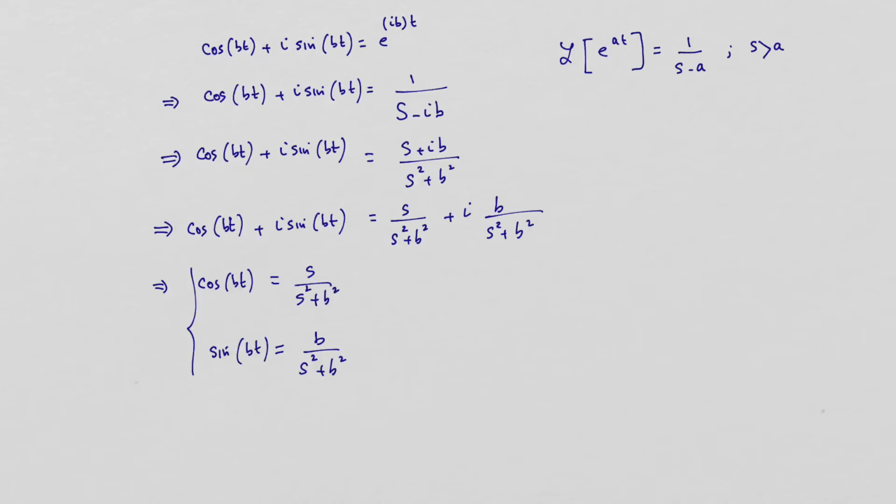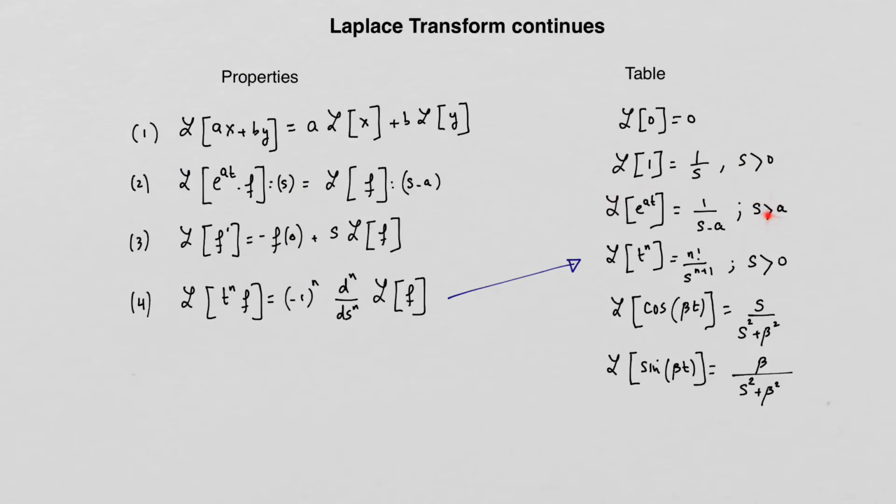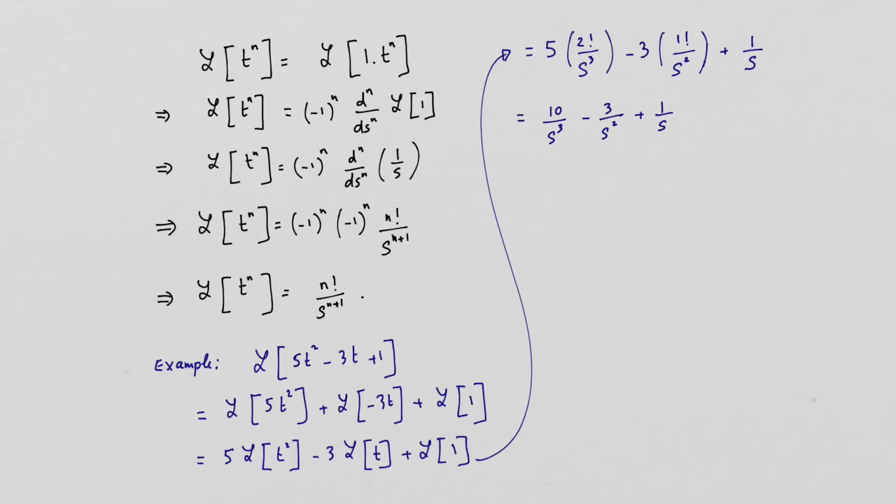That's the beauty. So Euler's formula says cosine of an angle plus i sine of an angle is e to the i times the angle, right? I put the parentheses in the wrong place, but it's okay. So we know Laplace transform of exponential from the first one here. Laplace transform of e to the at is 1 over s minus the coefficient of t.